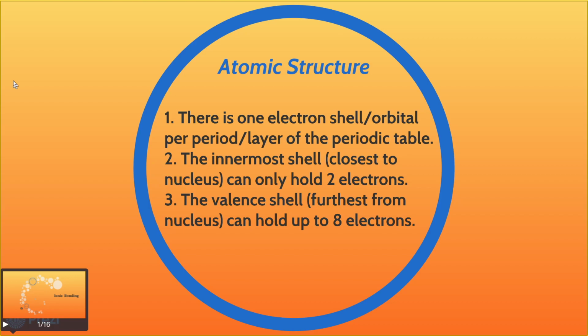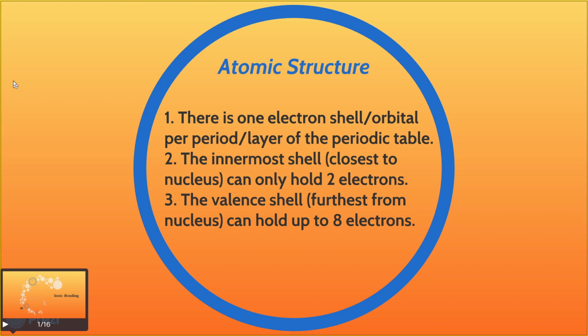To help you out, I also like to say that it's either 8 or 0 in the outer shell, because some atoms are going to lose electrons from their outer shell until it has 0, or they're going to gain electrons until their outer shell has 8.